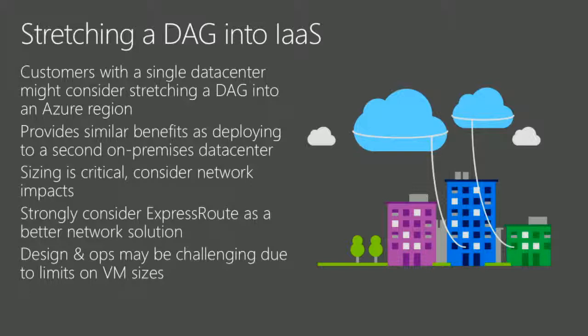The other challenge here, well, not the only one, but the other really big challenge here is that when you deploy a DAG, we really want your DAG to be deployed in a symmetric manner, right? And that's a preferred architecture statement that we've been making for quite some time. We want you to have the same number of servers in both sites. We want you to have the same number of databases.